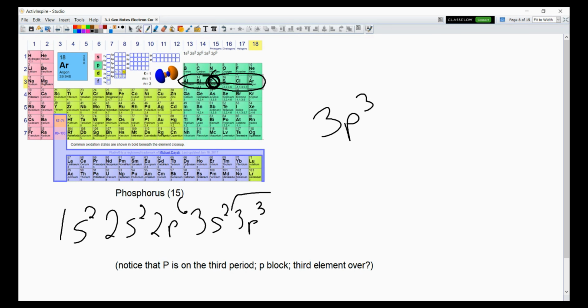So really, all you have to do is look at this one to see where the element is, but you have to do the whole thing to get the arrangement of the electrons in those orbitals, in these s and p orbitals. Okay, so again, if we were to add up these exponents, we're going to get 2 and 2 is 4, 6 is 10, 12, 15, and phosphorus is atomic number 15. Okay, so that's how you can check yourself to see if you've done it right.